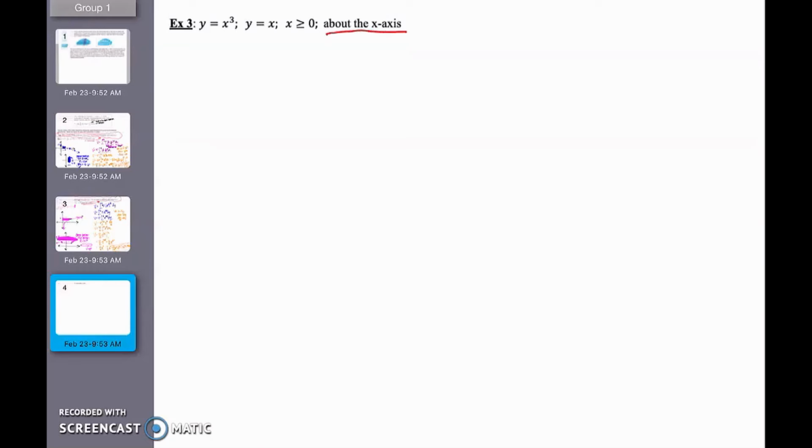So again, if we are rotating about the x-axis, then we are going to be integrating with respect to x. Which means we want any equations that we're working with to be y equals, which they already are. So we don't have to do any manipulations of our equations. So that helps, that makes it easier.